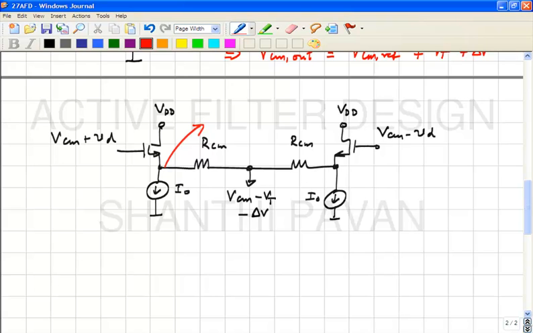Now, if VD is applied at the gate, what do you think will happen to the voltage at that node? It will go up, correct? By how much will it go up? Very good. It will go up by VD times GM RCM by 1 plus GM RCM, correct?